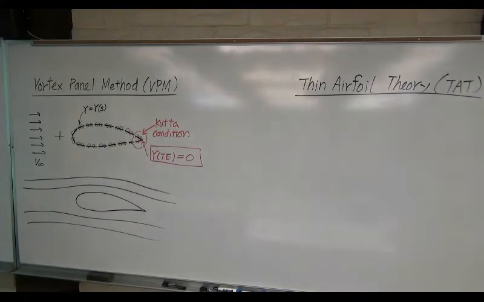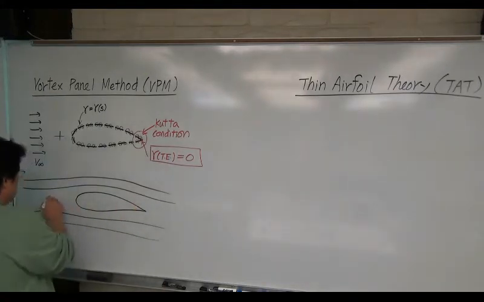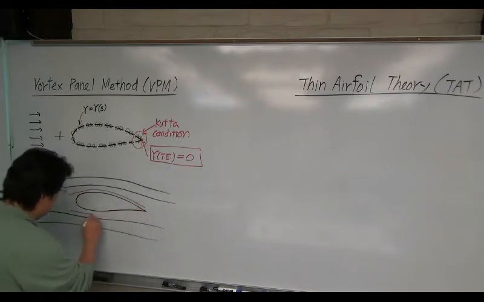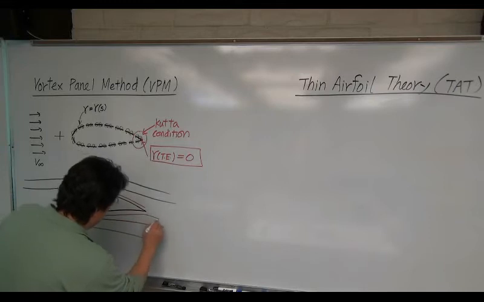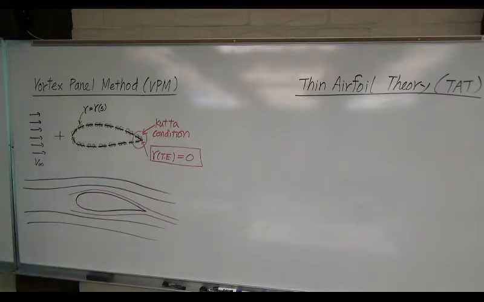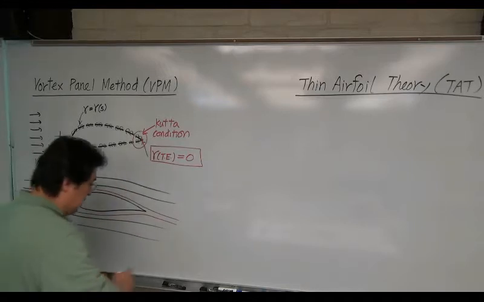So this is the Kutta condition. By having the Kutta condition, the flow on the upper surface and the flow over the lower surface depart smoothly at the trailing edge, avoiding circulation close-up at the trailing edge.